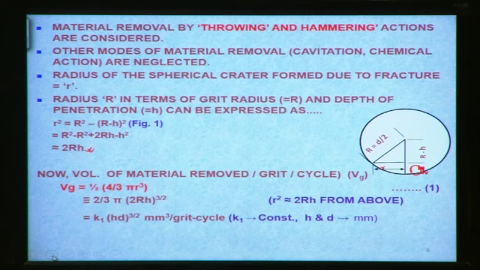Now the volume of matter removed per grit per cycle is Vg. We have assumed this is equal to half the volume of material removed by the brittle fracture, considering small r as the radius. So this is half of 4 by 3 pi r cube, the hemispherical fractured zone.